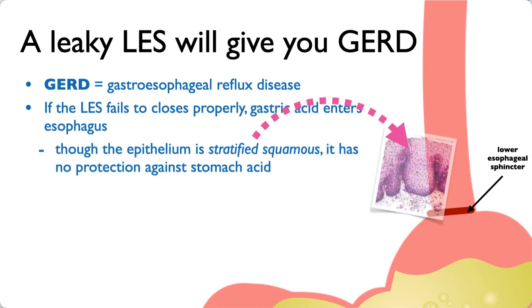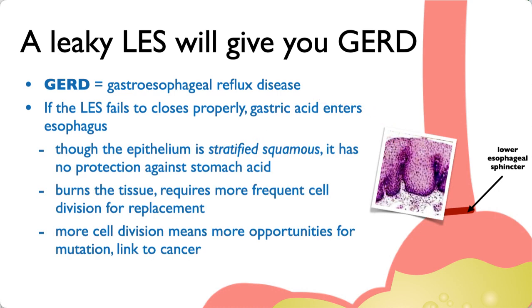And despite the fact that the esophagus is covered with stratified squamous epithelial tissue, which helps to prevent abrasion, it still is not sufficiently protected against acid. That requires extra. So this tissue gets burned, damaged, and therefore has to be replaced more frequently.